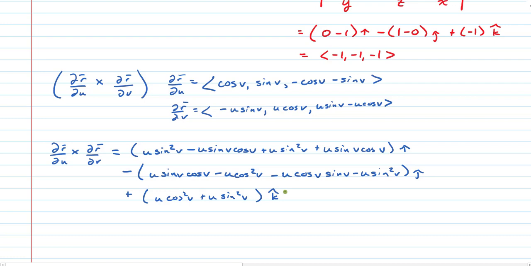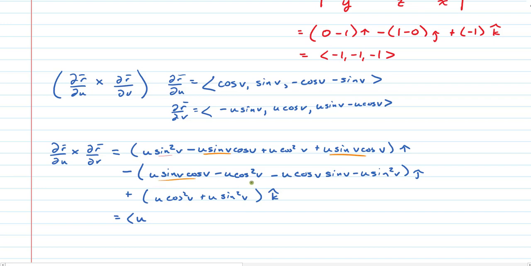So I went ahead and computed that cross product, and what's nice about this is that, for instance, here we've got a u sine squared and a u cos squared, and that simplifies to just being u. And then these two components end up canceling out.